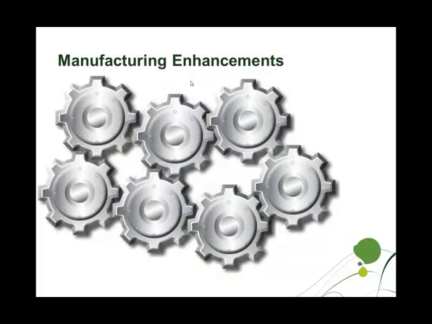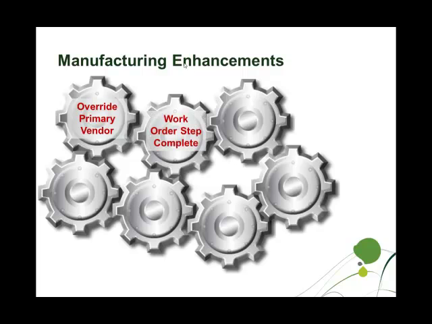Additionally, we added manufacturing enhancements such as the ability to override the primary vendor in MRP and replenishment so that when a purchase order is auto-generated, the user can go in and select any vendor they wish for that particular purchase order. We added a work order step complete flag so that a step can be completed and unissued quantities of materials can be cleared out, thereby resetting the replenishment position for those materials.